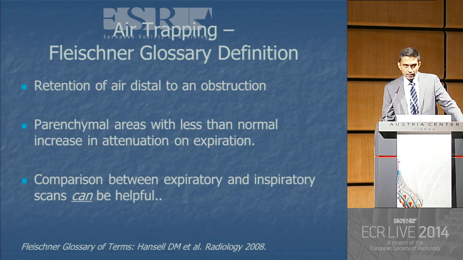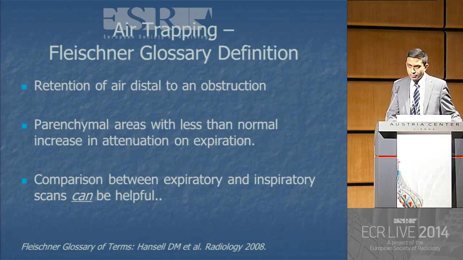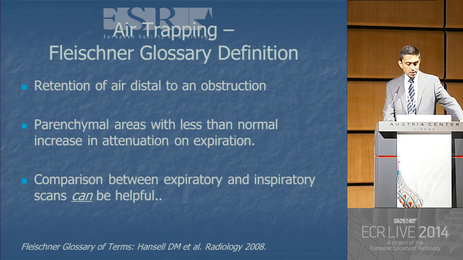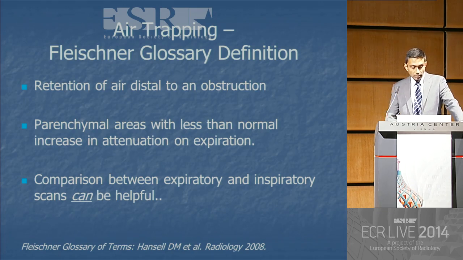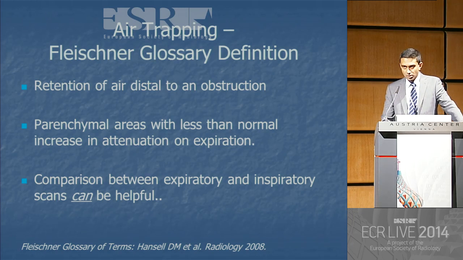So air trapping, again just to briefly revise, is defined by the Fleischner Glossary as simply a retention of air distal to an obstruction, and on CT it's characterized by parenchymal areas with a less than normal increase in attenuation on expiration.